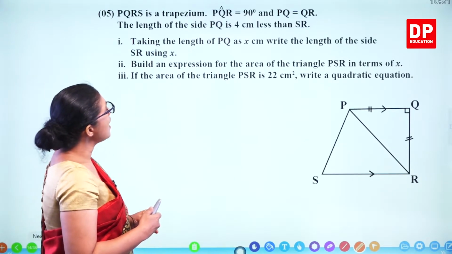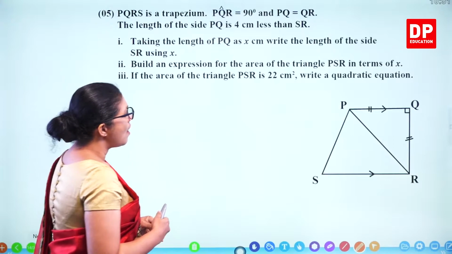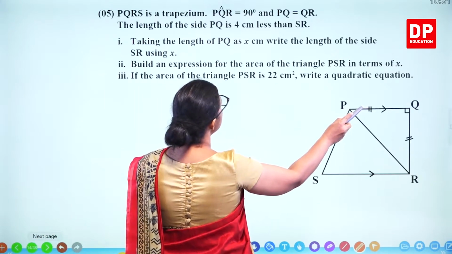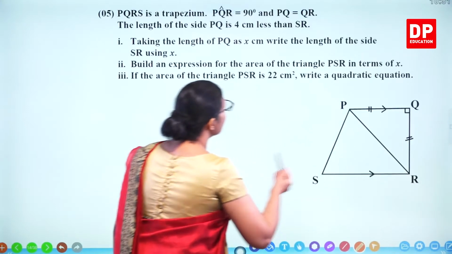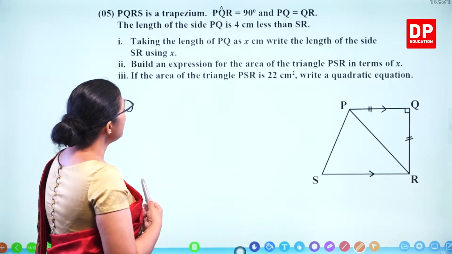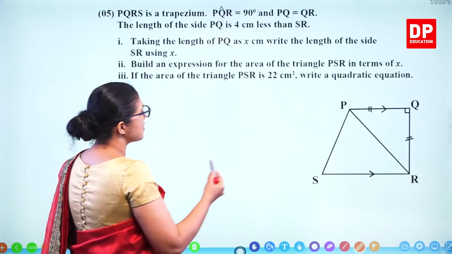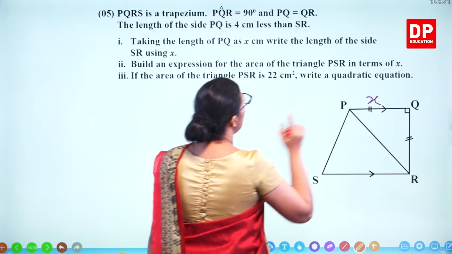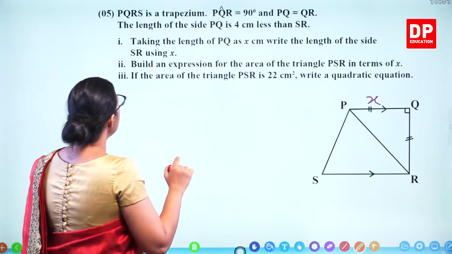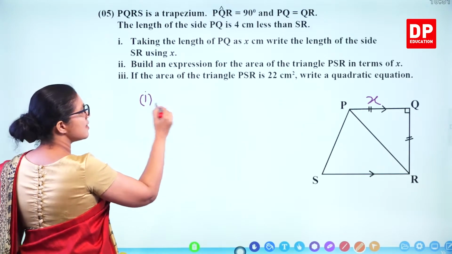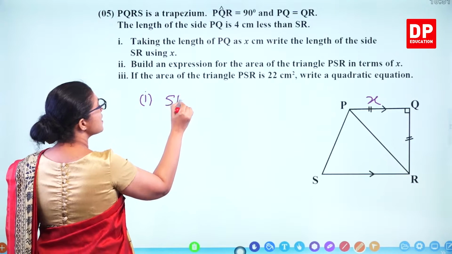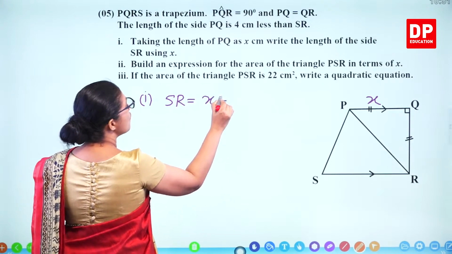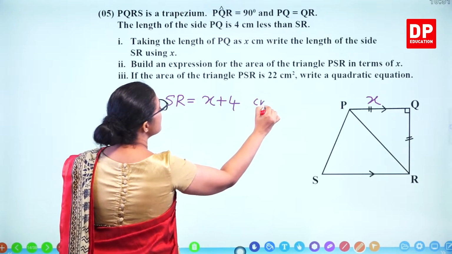The length of the side PQ is 4 centimeters less than SR. Taking the length of PQ as X, write the length of the side SR using X. So 4 more than that. So SR becomes X plus 4, in centimeters.